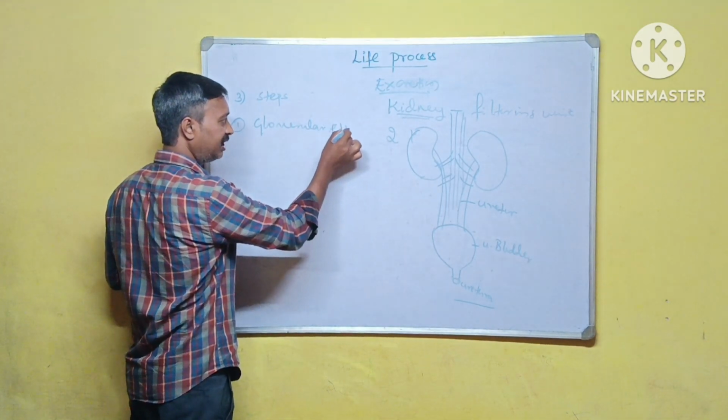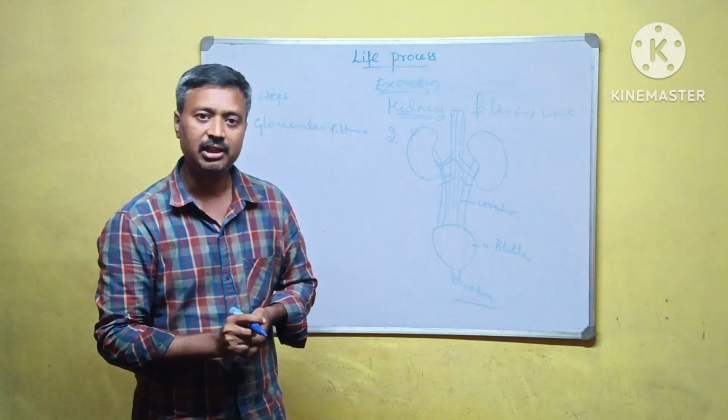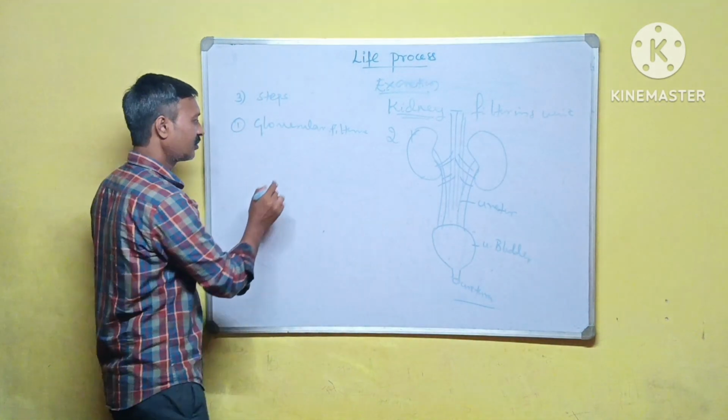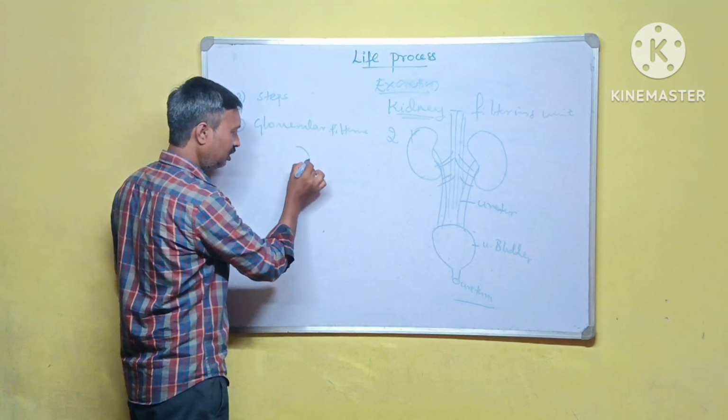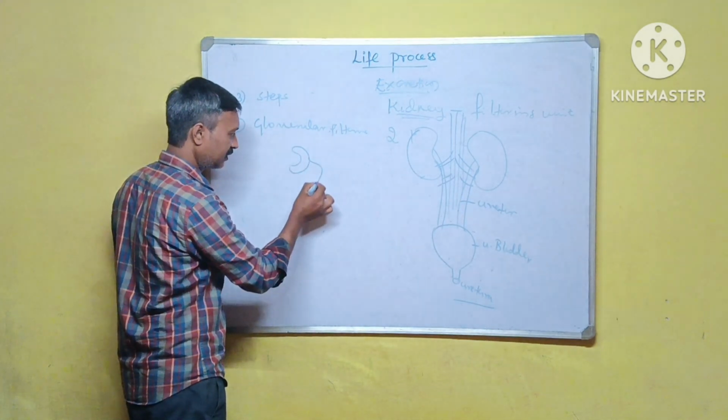Remember, the first step is glomerular filtration. In the nephron, we have a cup-shaped structure.